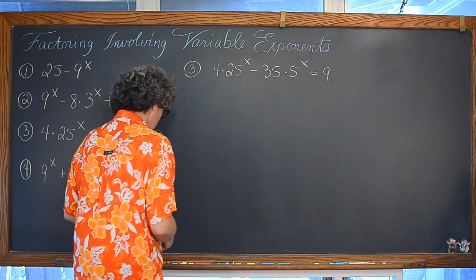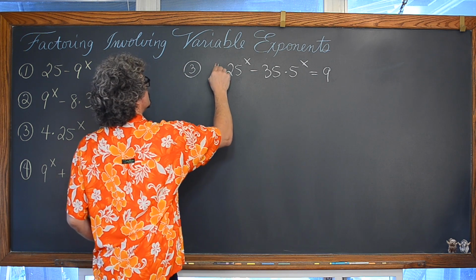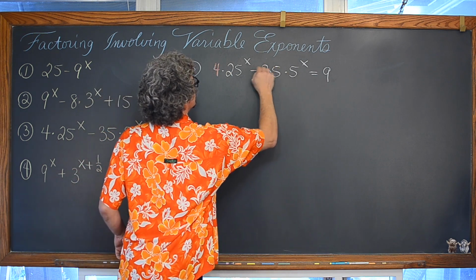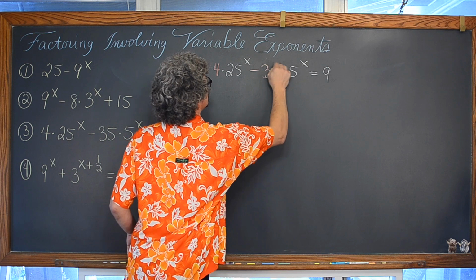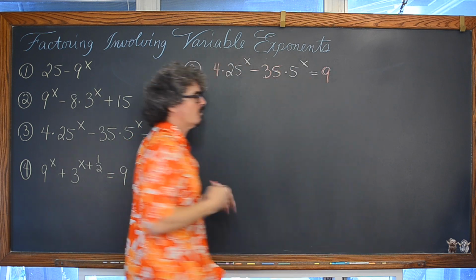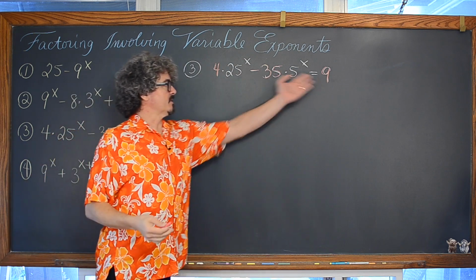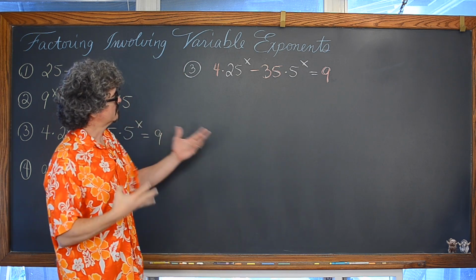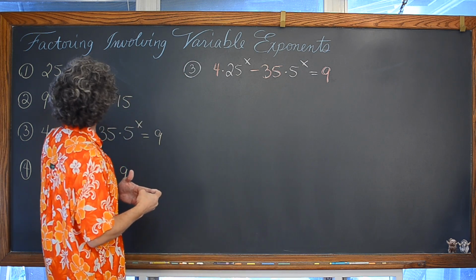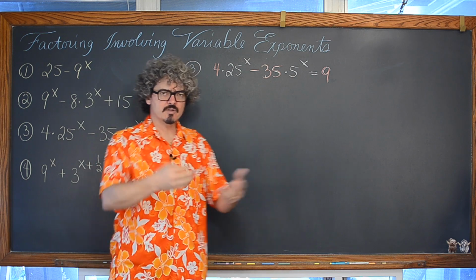Okay, well, our coefficients here are 4, negative 35, and 9, but we're not ready to factor this expression, which now is actually going to be an equation. So we'll go ahead and finish this up and solve it.